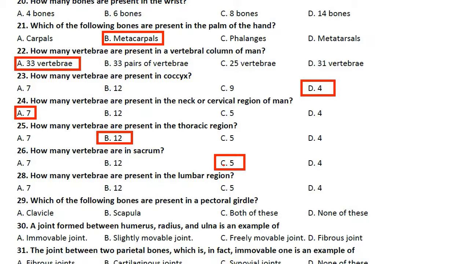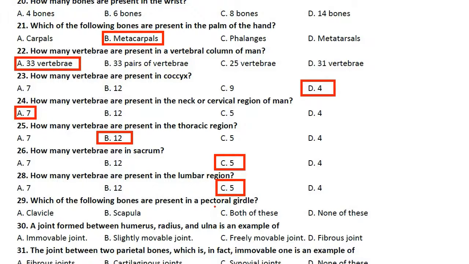Question number 28 is how many vertebrae are present in lumbar region? Lumbar region also contains 5 vertebrae, so option C is correct. Question number 29 is which of the following bones are present in pectoral girdle? So now we have to pick the bones which are present in pectoral girdle. Options A and B, clavicle and scapula, are the bones present in pectoral girdle.